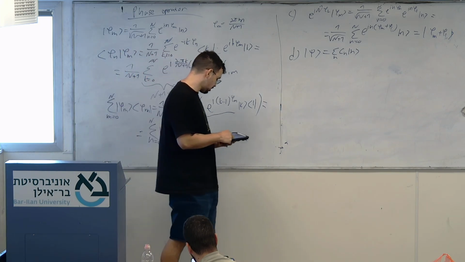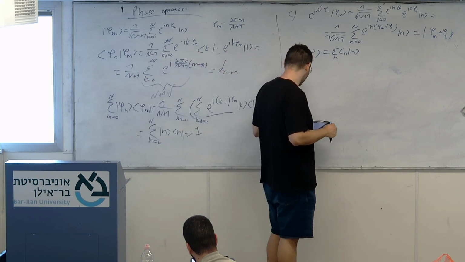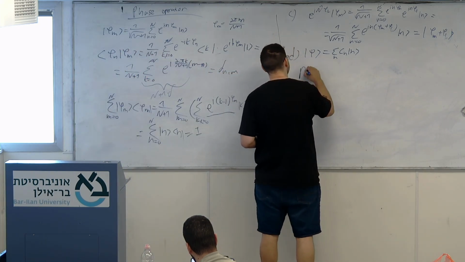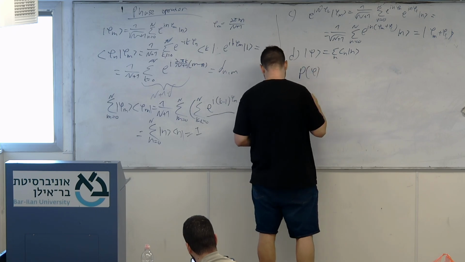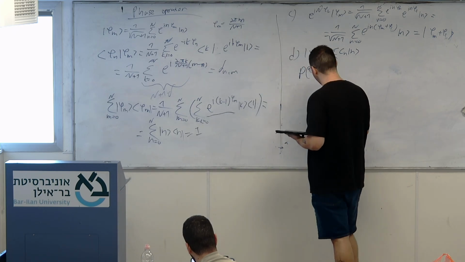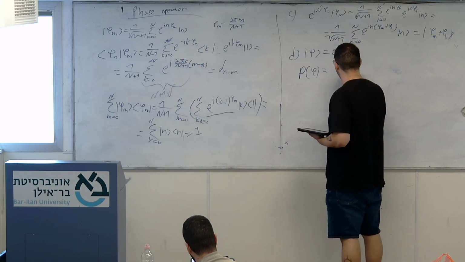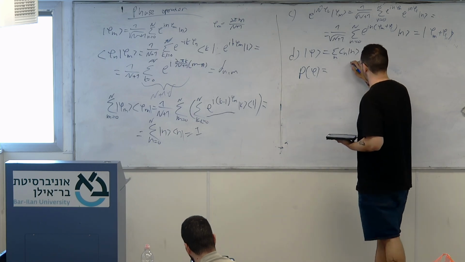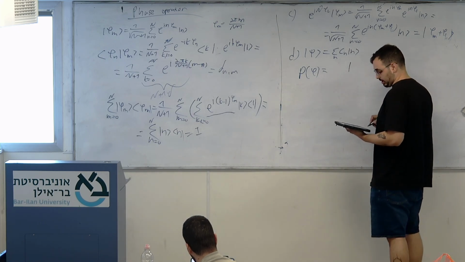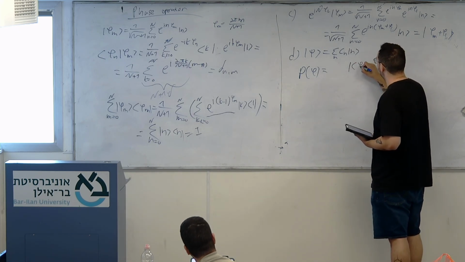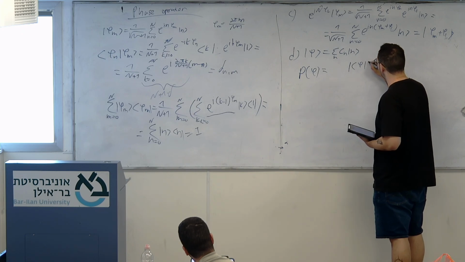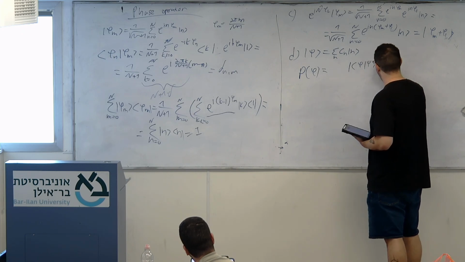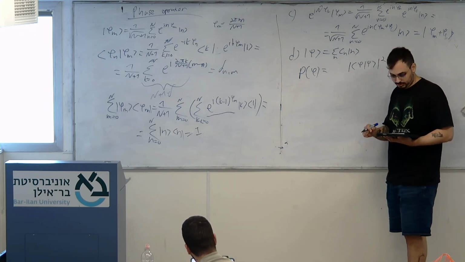So how do we do that? Well, in quantum mechanics, to find probability for a specific measurement, you need to take the absolute value of what you want to measure times what you want to measure it on, absolute value squared.